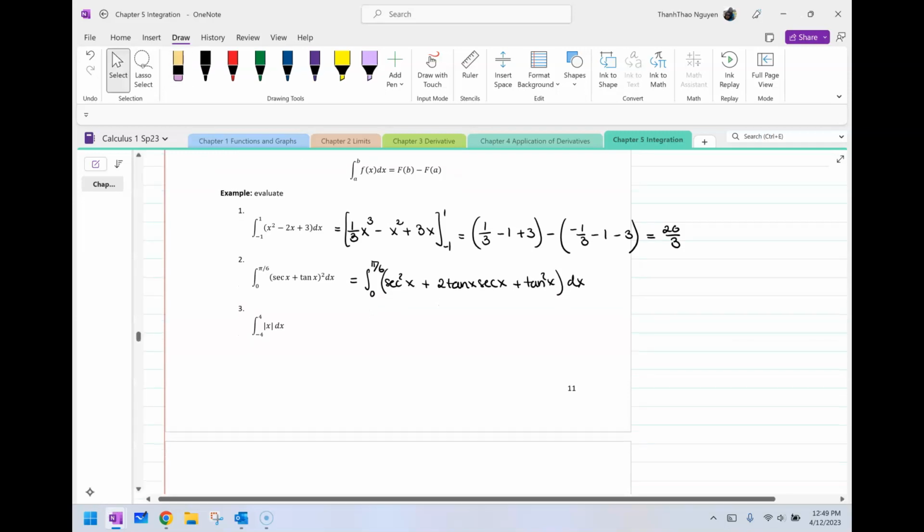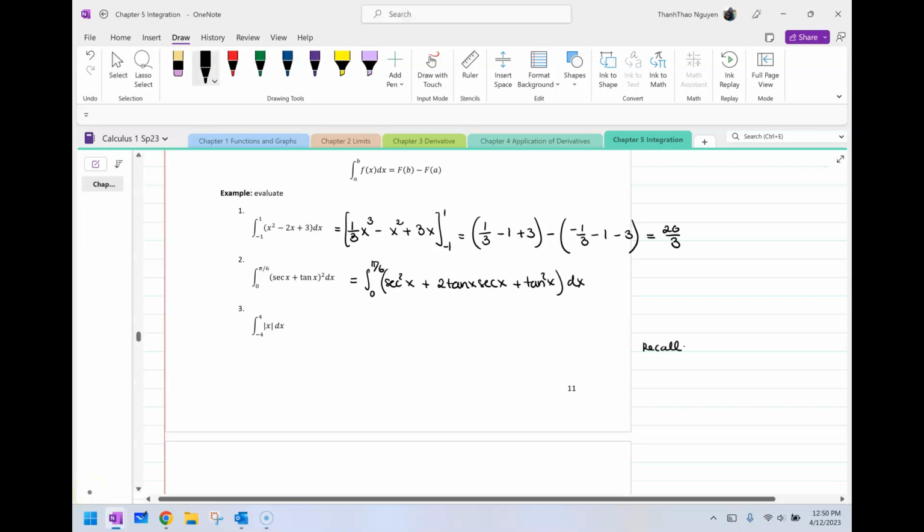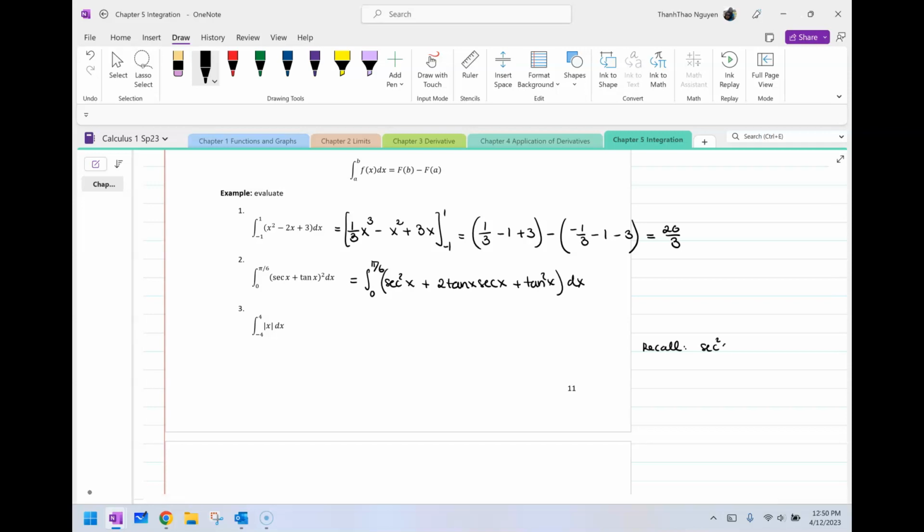Now recall that secant squared theta minus tangent squared of theta is equal to 1. Notice that there are two terms here, secant squared of theta and tangent squared of theta. I'll rewrite tangent squared of theta in terms of secant of theta. This tells me that tangent squared of theta is equal to secant squared of theta minus 1.